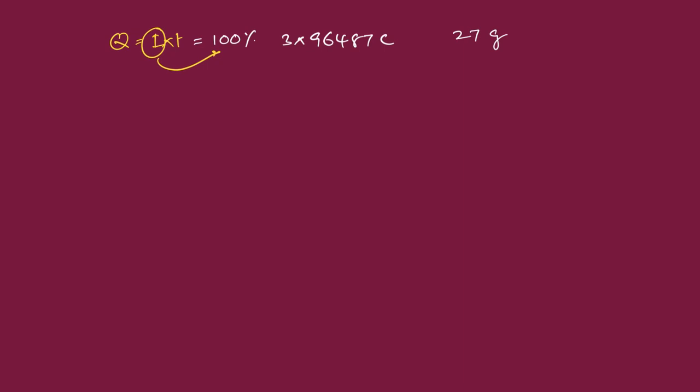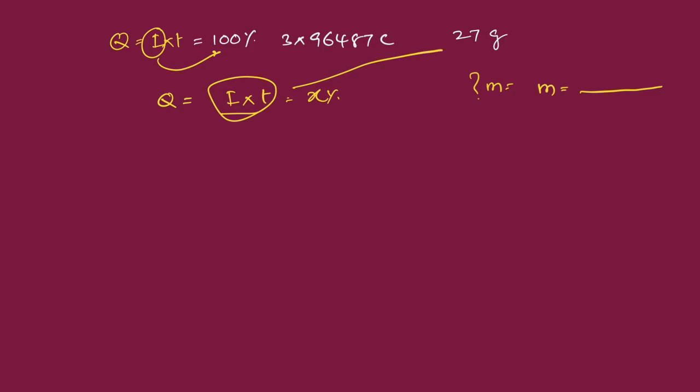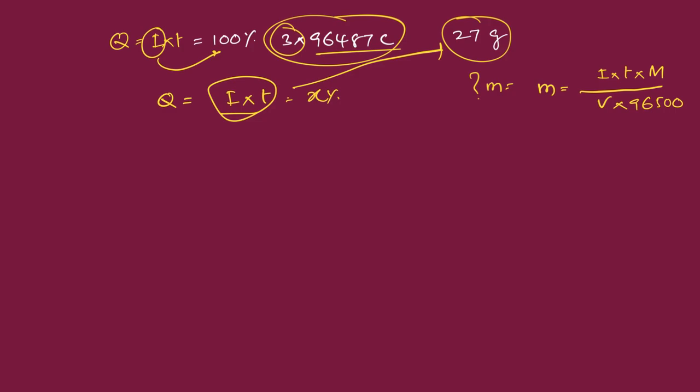In case the charge Q equal to I into T is at some percentage, X percentage, then how much is deposited? The mass of the substance deposited or liberated is equal to I into T into molar mass, divided by the valency 3 and 96,500. This is the valency, this is 96,500, the rounded value I am writing here.